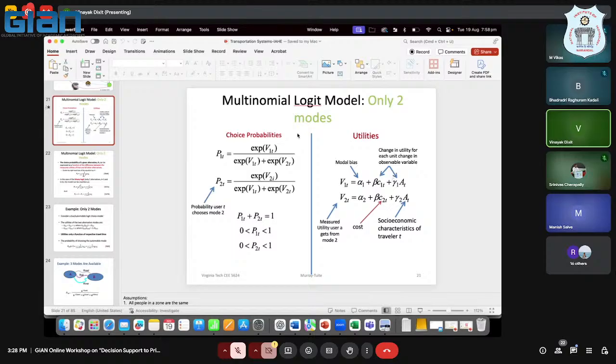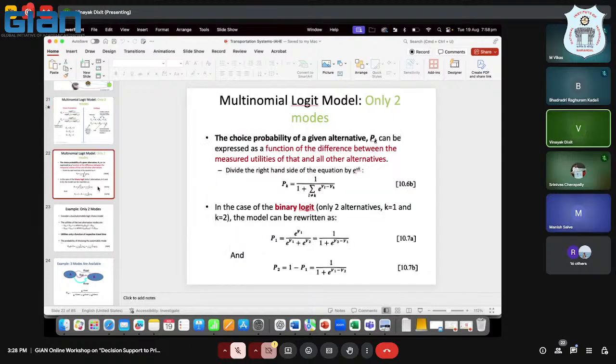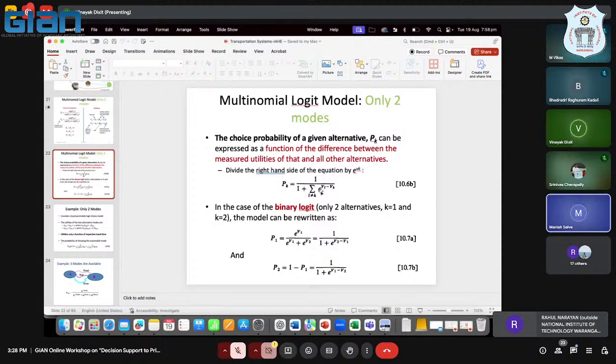I also specify that it is a multinomial logit model, so I give this equation as well. So these are the formulas that have to be put in.